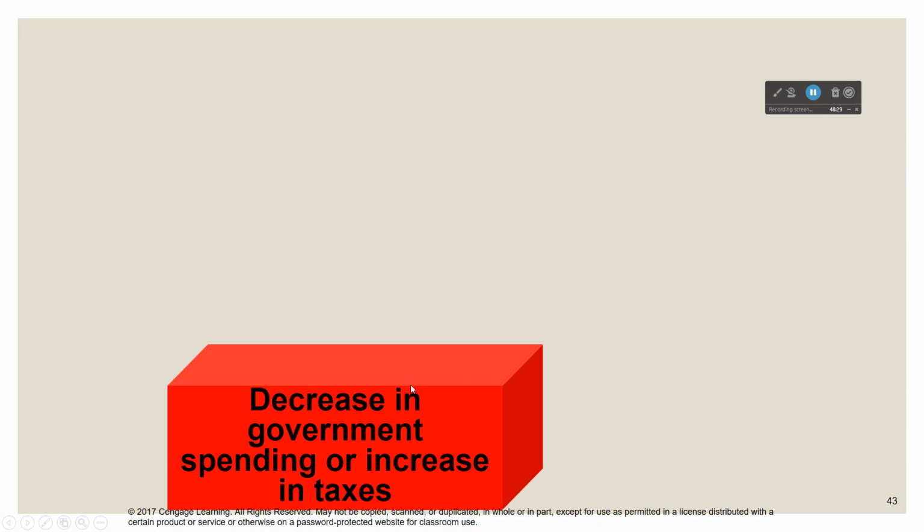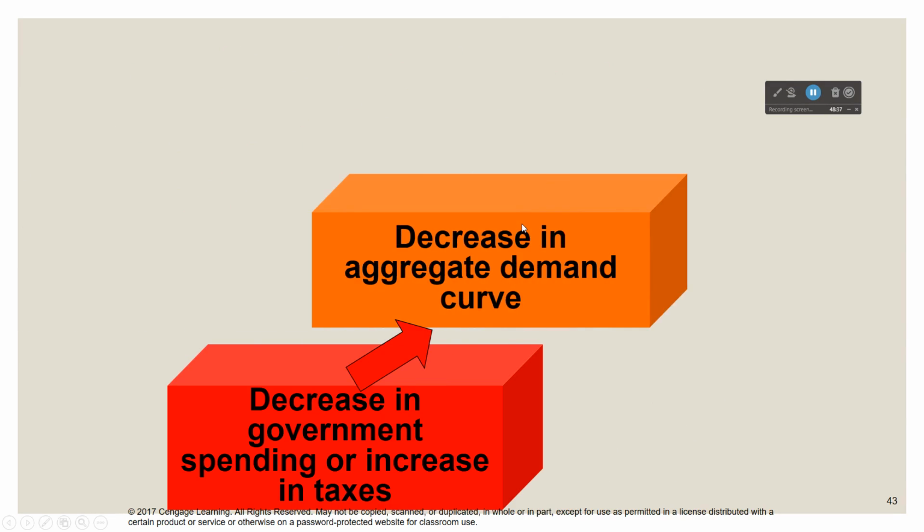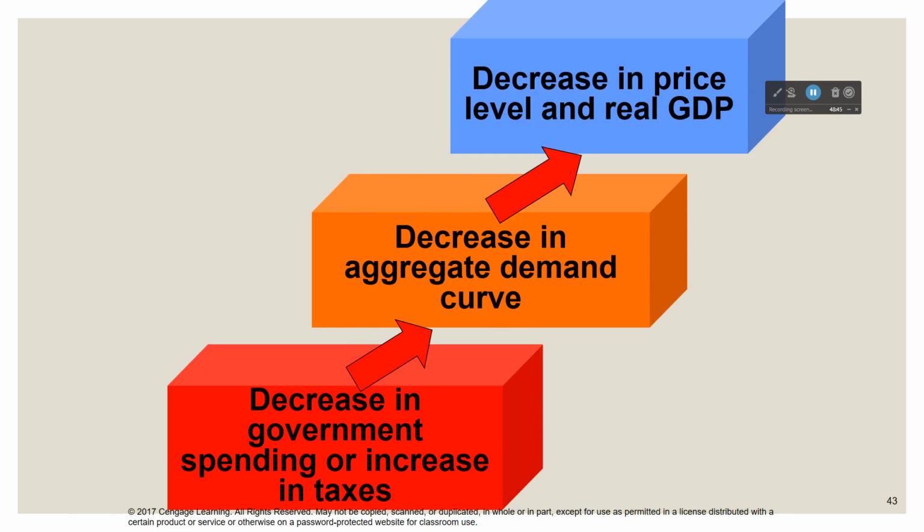Here, if we have price inflation, we can decrease government spending or increase taxes. That would decrease aggregate demand, and that would cause a decrease in the price level and real GDP. You'll hear the TV people say, oh, the economy's overheated.